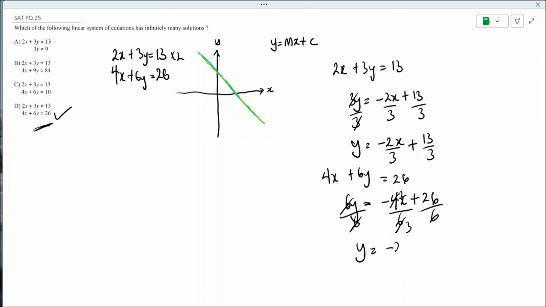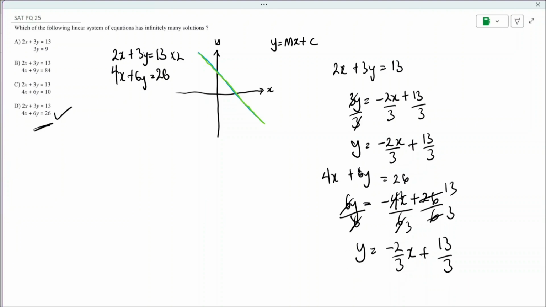So you have negative 2 over 3x. Remember, you still have the x plus, 2 can go in 26 and 2 can go in 6. 2 in 26 is 13. 2 in 6 is 3. So you have 13 over 3. We've also converted the second equation to a form that shows both the gradient and the y-intercept.